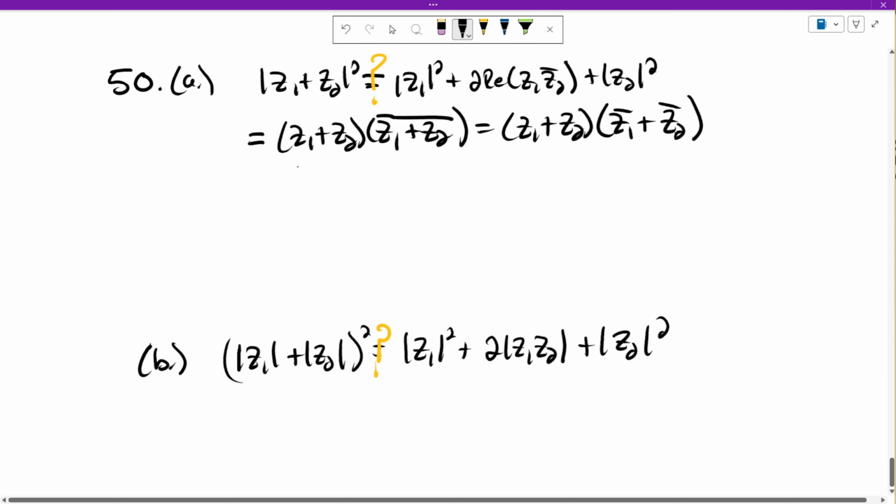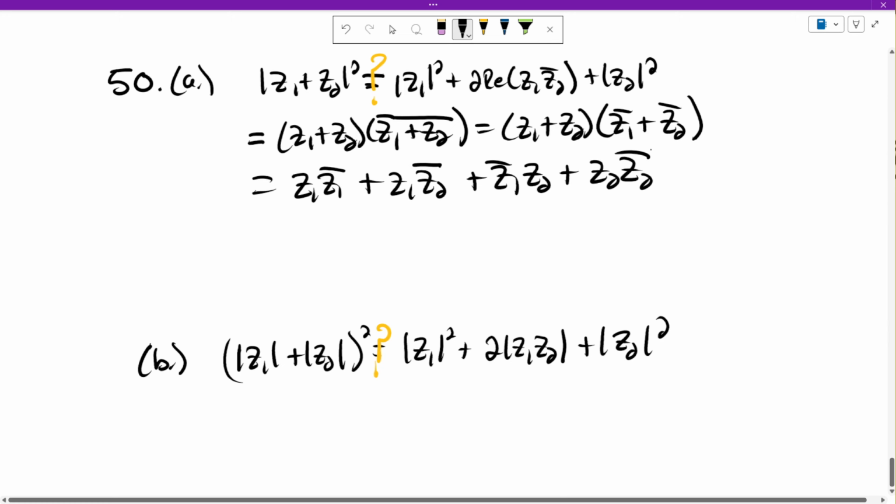Now we're just going to FOIL everything out. We get z1 z1 bar for our outside terms, plus z1 z2 bar for our inside terms, plus z1 bar z2, plus z2 z2 bar. Whenever you multiply a number by its conjugate, you get the modulus squared.